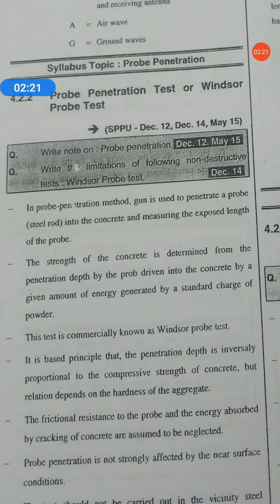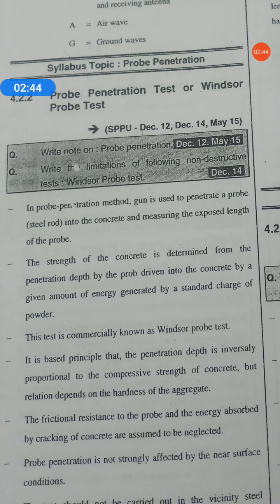It is not that you just touch the surface of the concrete specimen and it goes into the concrete. No, it does not happen. You have to give a certain amount of energy which is charged by a powder, so that with the help of that energy the probe will go inside the concrete.